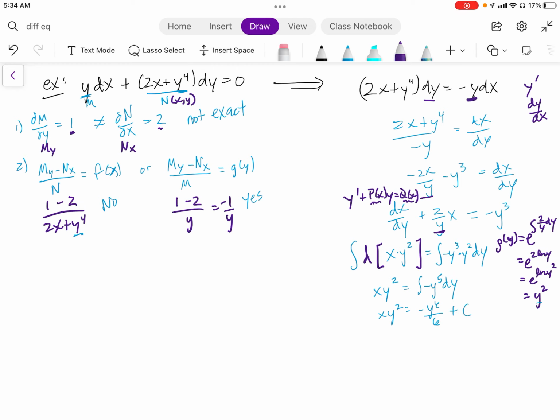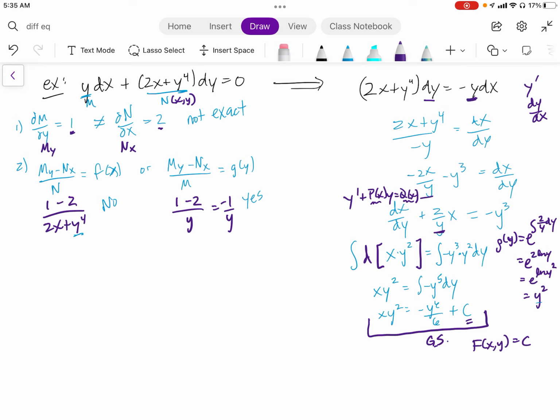And, right, maybe we'll want to multiply by 6, maybe solve for x, I don't know. Really, depending on the technique you used, your general solution could vary, okay? But we can manipulate that to any form. In fact, probably want to solve for c because that's how the exact equations usually are written, right? We write f of some function of xy equals c.